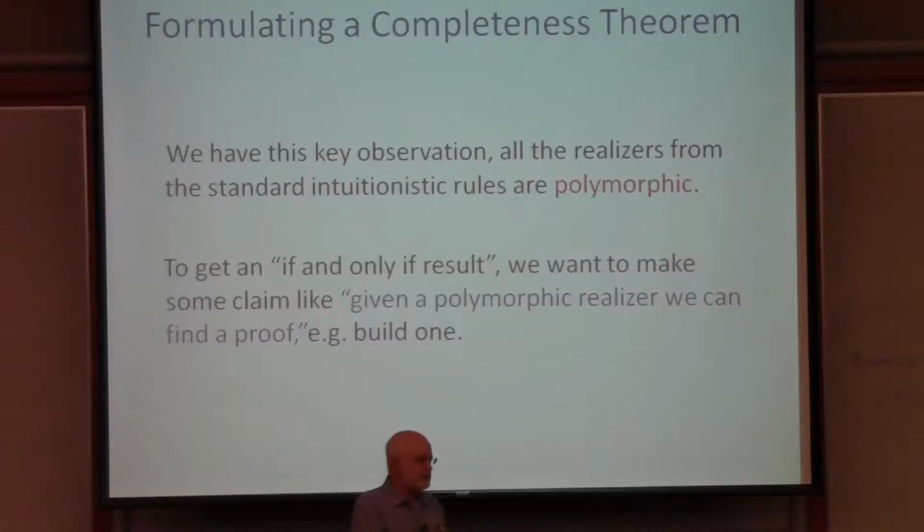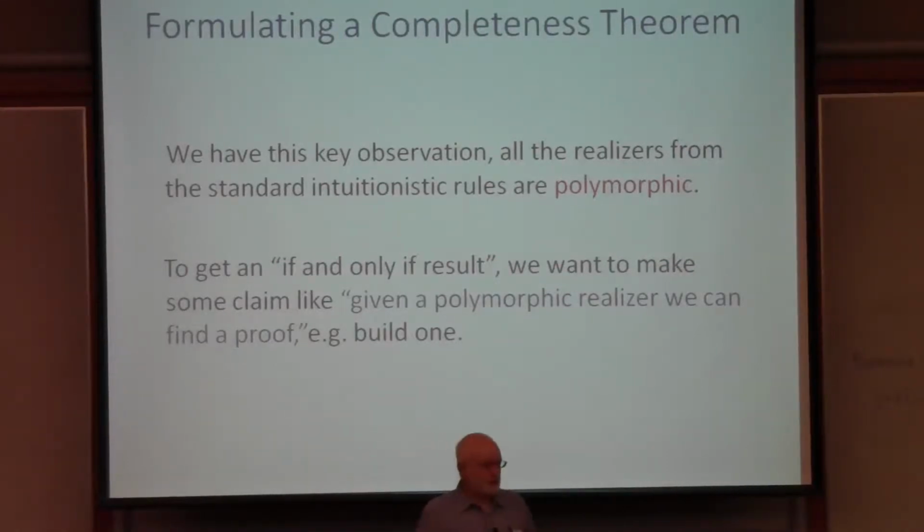They don't mention the atomic formulas in the formula that they realize. So I hope you get that point. That's a really key thing that's not true in the classical proofs. So the classical completeness proof of Gödel isn't polymorphic because it uses P or not P, and those atomic propositions get threaded through the classical realizers. And that makes them a very different kind of realizer.